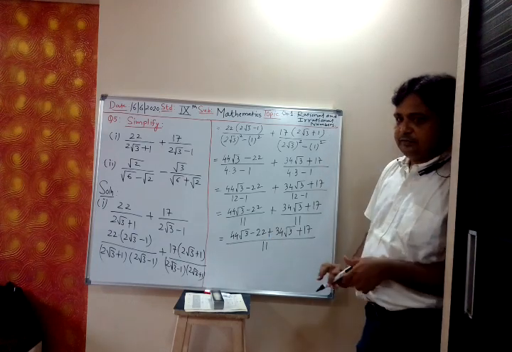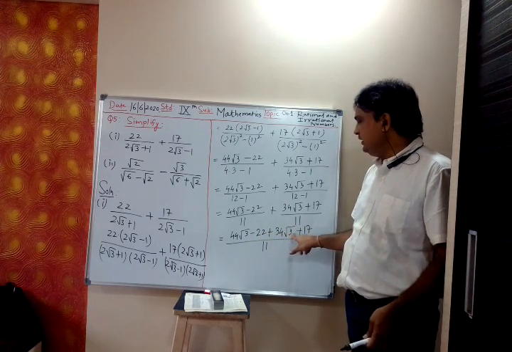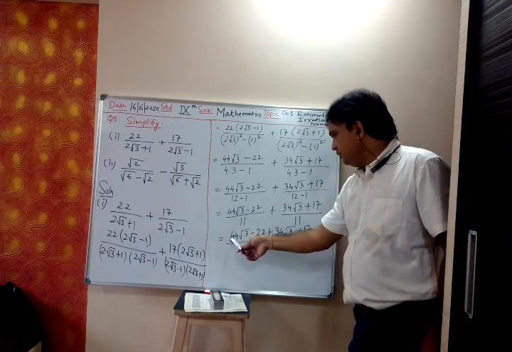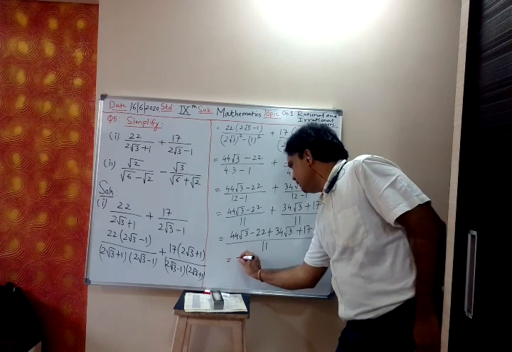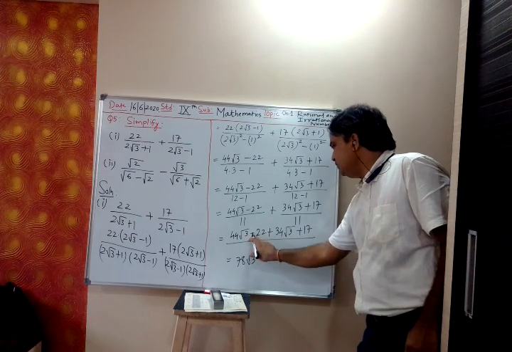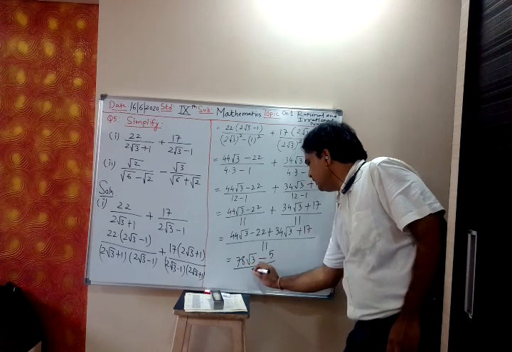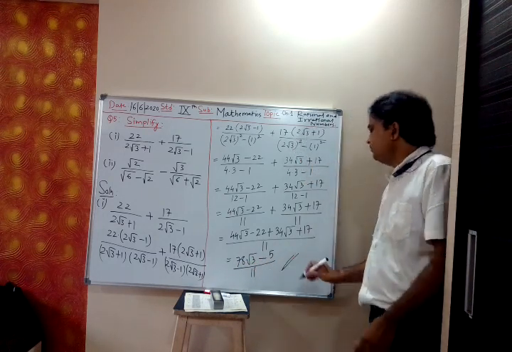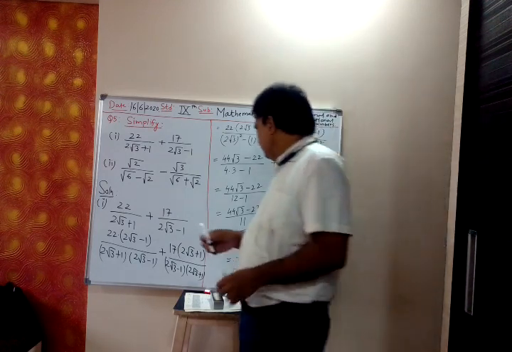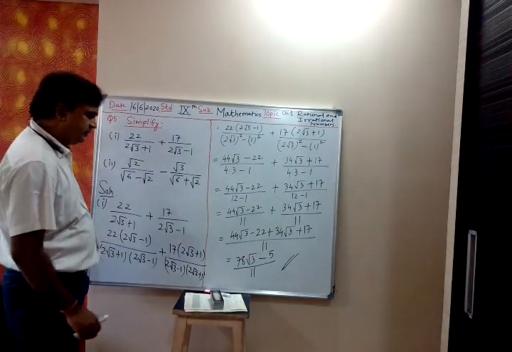Now we add the like terms. 44 root 3 and 34 root 3, they are like terms. So 44 plus 34, 78 root 3, minus 22 plus 17, minus 5, upon 11, and this is the answer. 78 root 3 minus 5 upon 11, this is the answer.